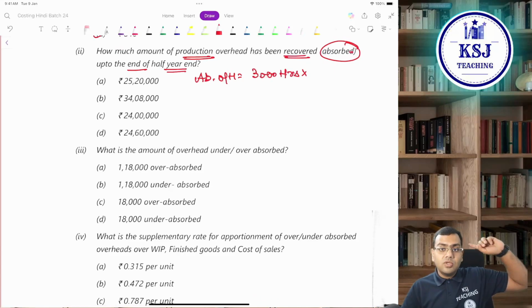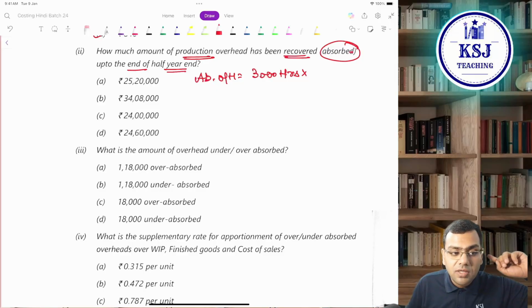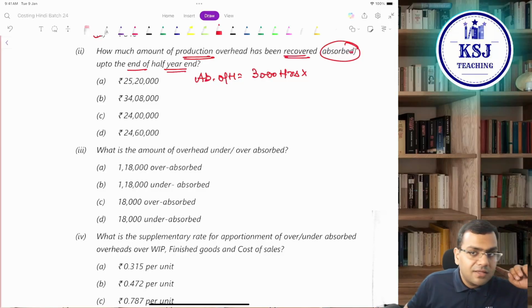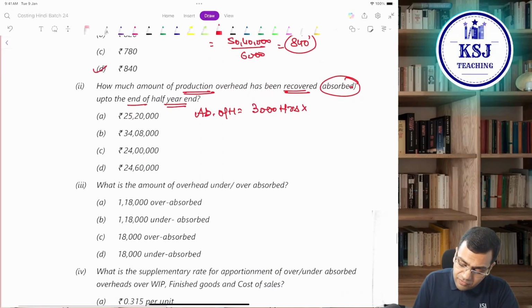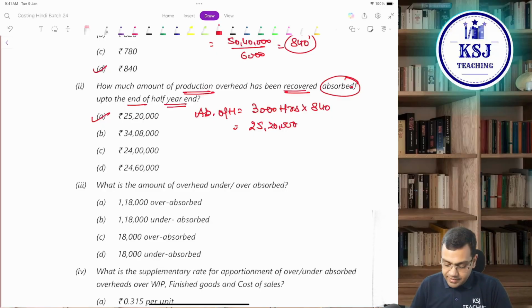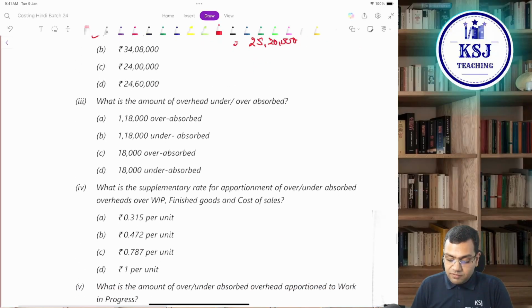And according to the budgeted data, for every 1 hour, my overheads is 840 rupees, right? So for 3,000 hours, that will come to 25,20,000. Option A, right?